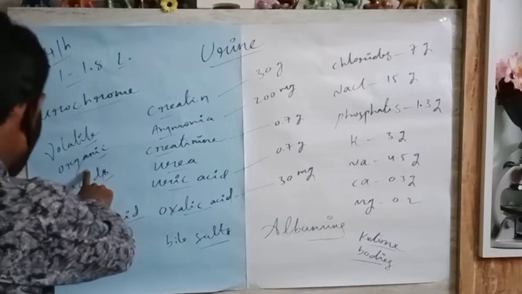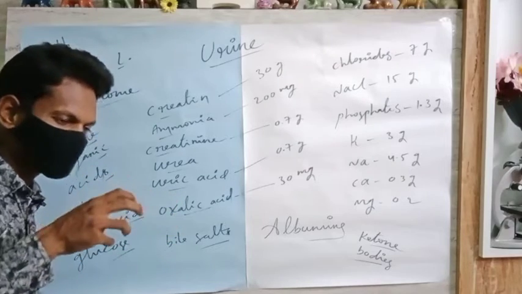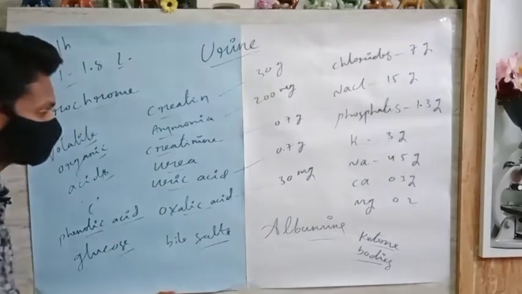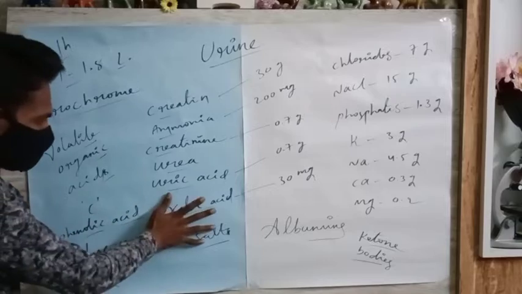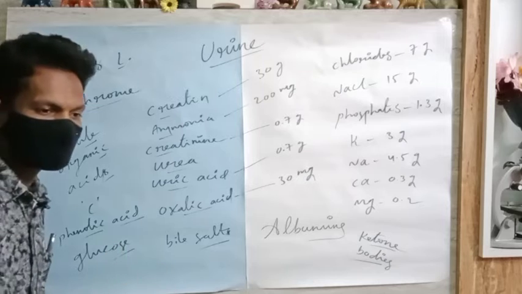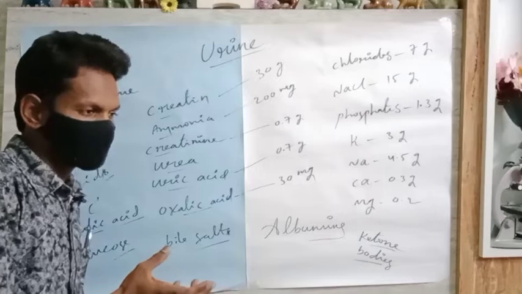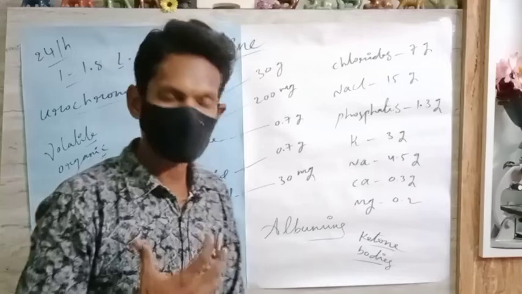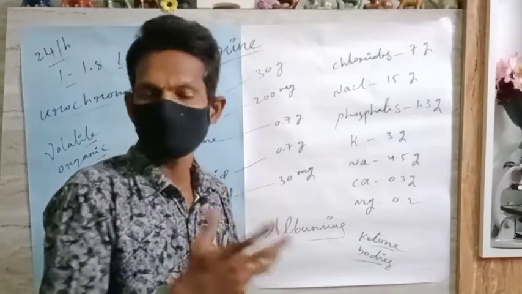The volatile organic acids give different odors and fragrances, which in simple terms we call the smell of a particular person's urine. Based on the smell, albumins, ketone bodies, bile salts, glucose, phenolic acid and oxalic acid, we can detect and diagnose the person's health and pathological condition of the body, whether he or she has a disease or not.